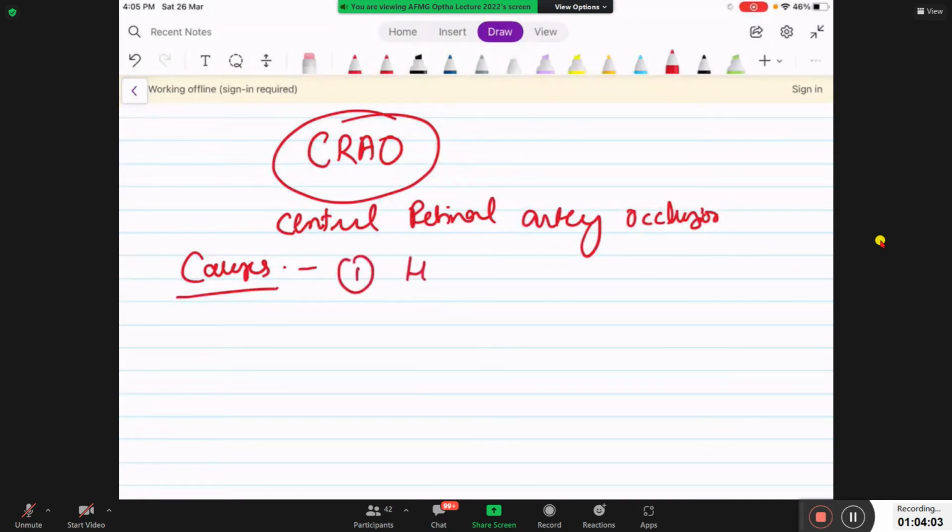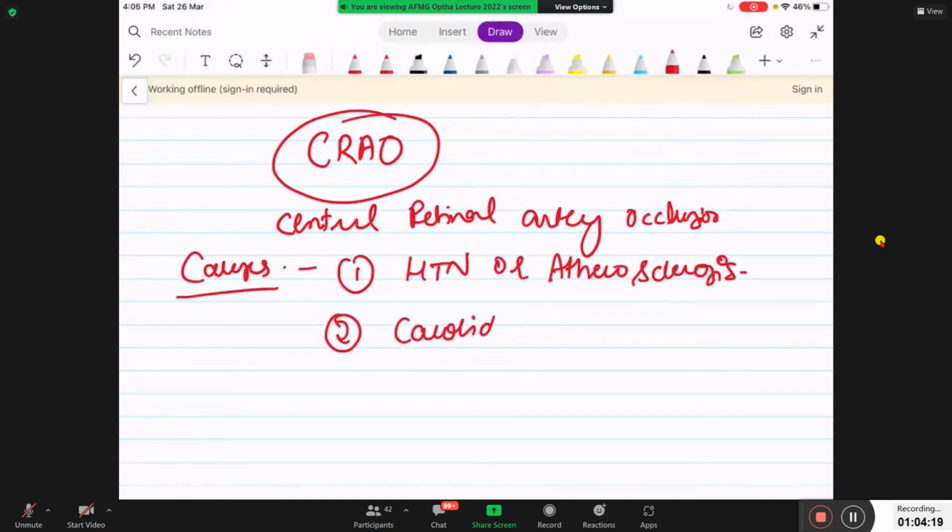Causes of CRAO. Number one cause is hypertension or atherosclerosis. Second is carotid artery emboli, and the emboli name you have to remember. It is called Hollenhorst plaque.